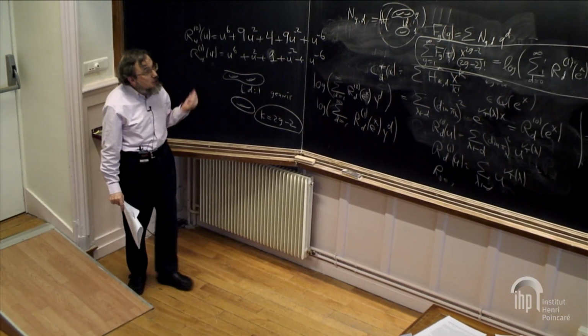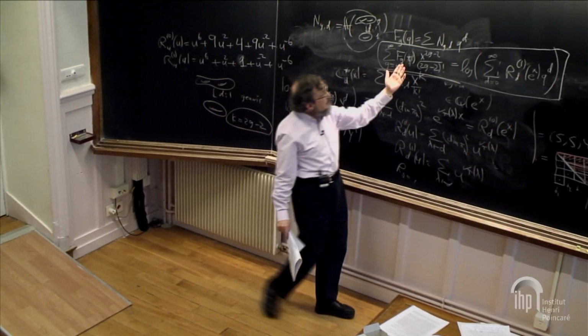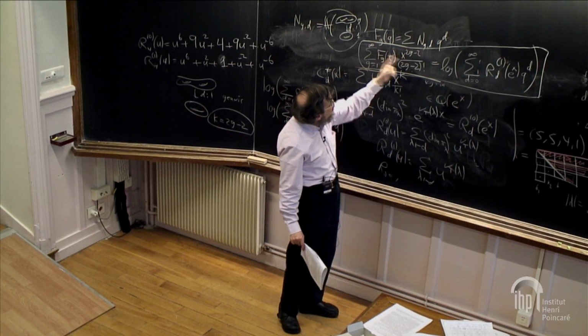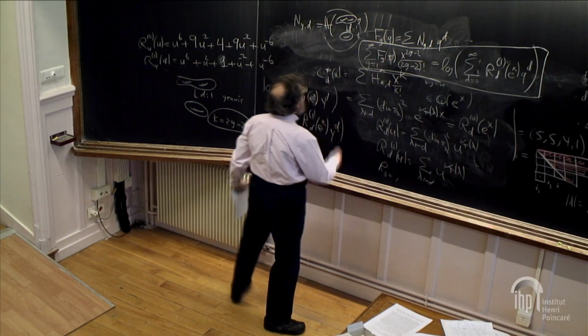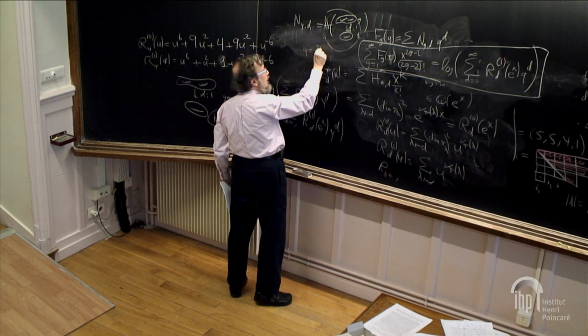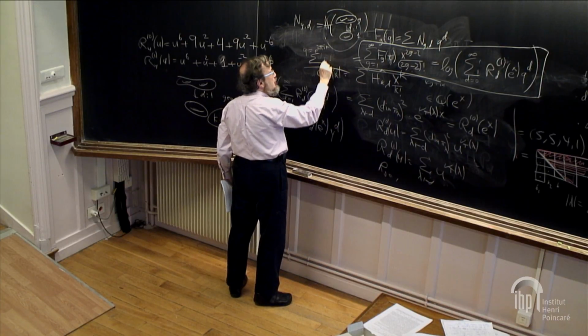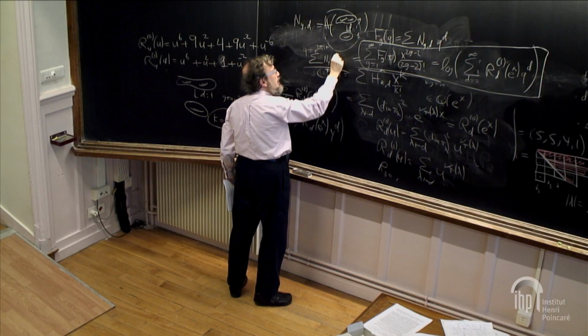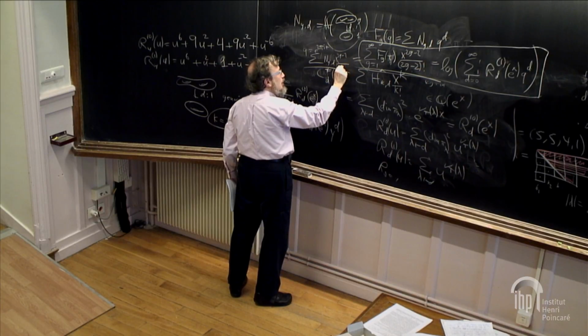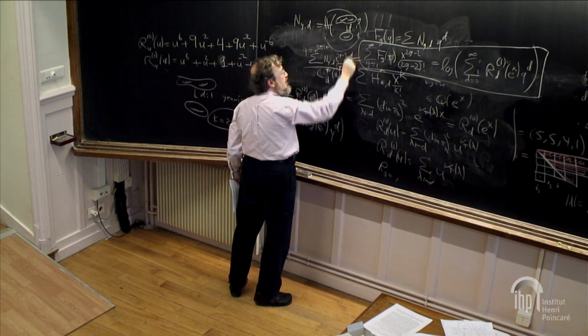So this is just a reshuffling of all the information, if we think of it as a two-variable function in q. So q, remember, is e to the 2 pi i tau. And this thing, by its definition, is the sum over n and g, N_{g,d}, x to the 2g minus 2, maybe with a factorial, q to the d.